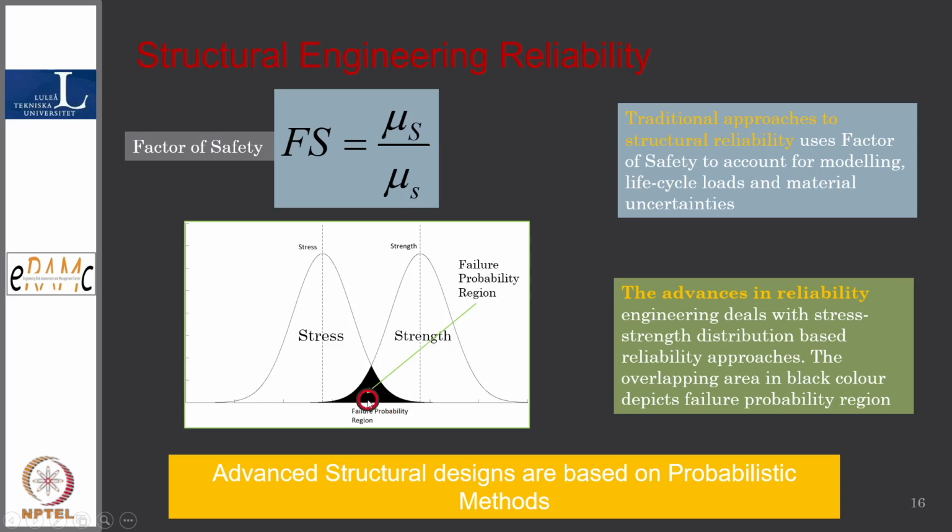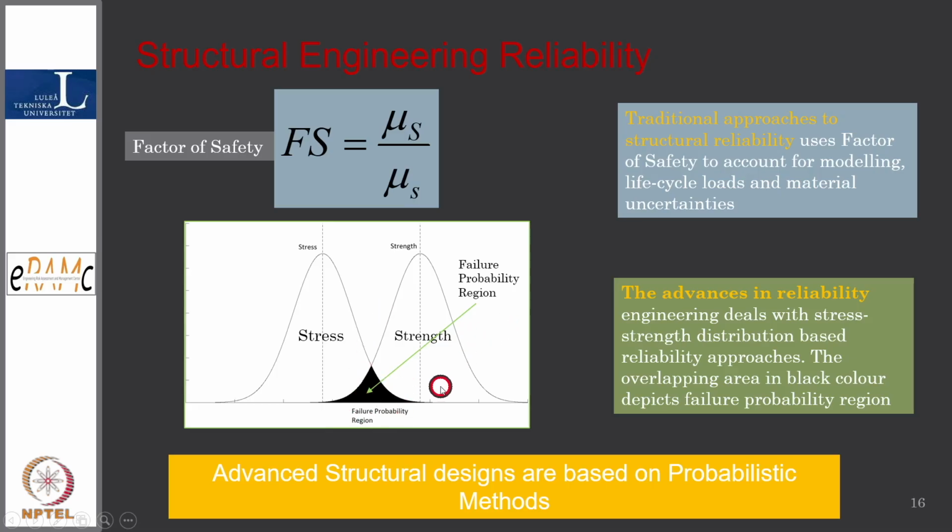The overlapping area is shown as a failure probability zone. Okay. So what is the failure probability? This zone will give us the failure probability. So in the traditional approach we have the factor of safety, and in advanced approaches we have the failure probability. And here, as I mentioned, you can again characterize uncertainty also.